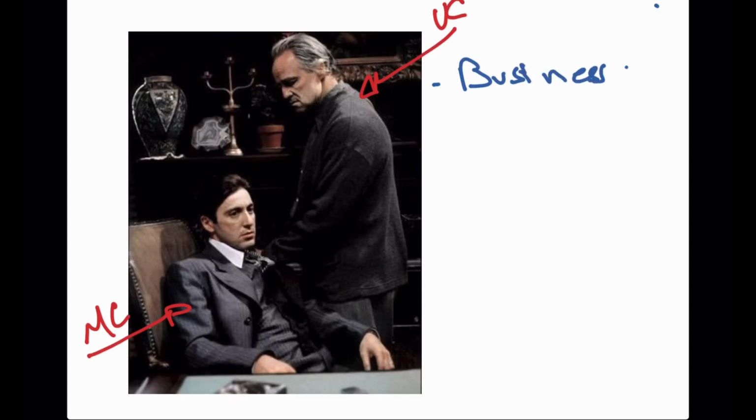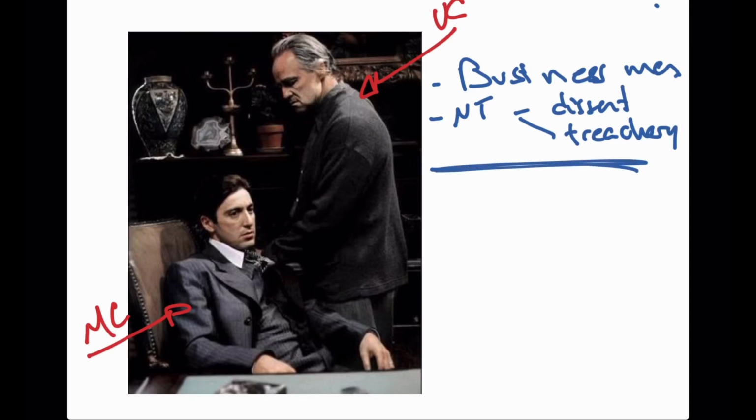We can say that they have no tolerance for dissent or treachery, so they are very loyal and they are very strict in that loyalty code that they live by in the family. This characteristic goes for both of them. But Michael is even bolder, a little bit more violent, and more ambitious than Vito Corleone.